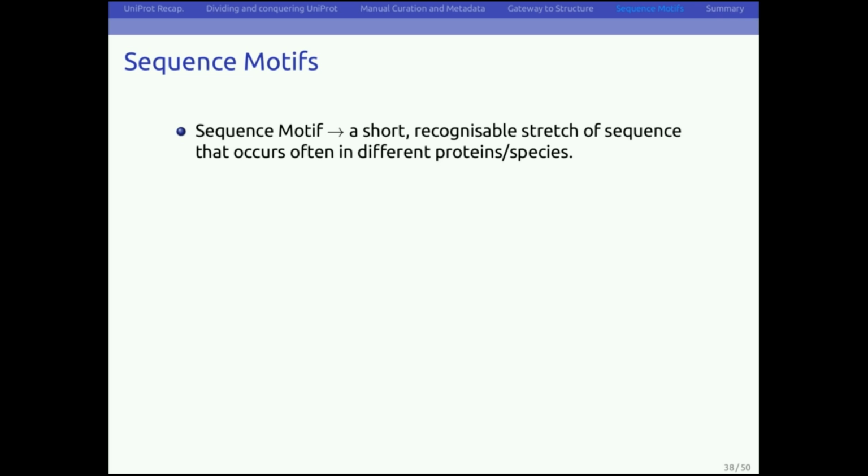So different portions of proteins and protein sequences are conserved within different species. So you can have a short stretch of protein sequence that's very common between two related species. Conversely, if you have two species and you don't know if they're related, chances are they're going to have a lot of sequence motifs in common if they are related.